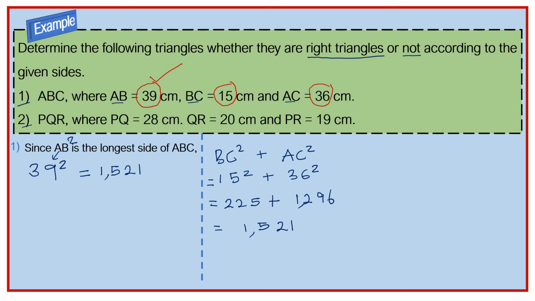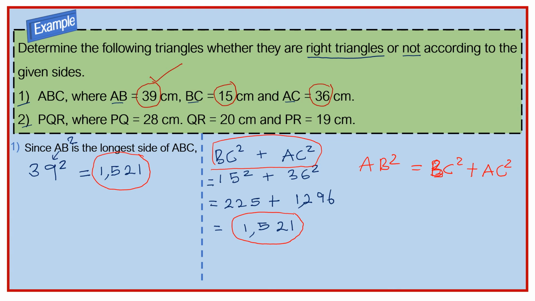Because you see that AB squared is 1521. Then BC squared plus AC squared is also 1521. If AB squared is equal to BC squared plus AC squared, then it means that it is a right triangle, because AB squared is 1521.